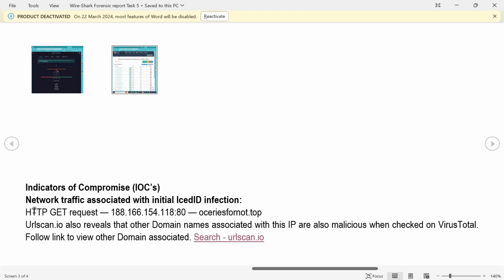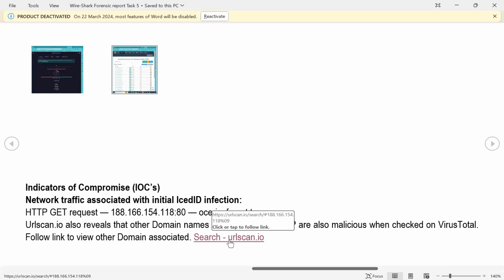Obviously, we know that this particular port is not secure. We can see what the URL scan revealed, that there were other domain names associated with this IP, which gives us another level of information for us to take note of. And he did the check on VirusTotal as well.